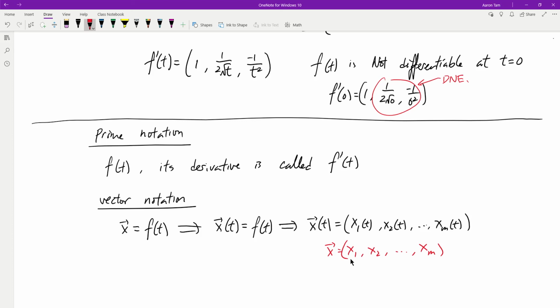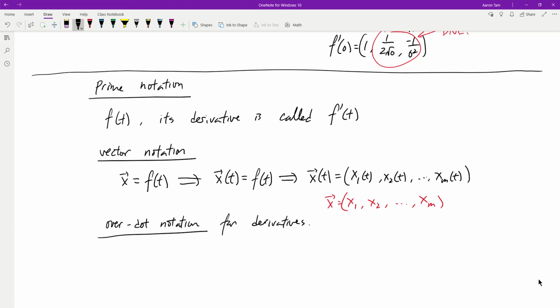Now, the reason why I will point this out is because in this notation called vector notation, the derivative uses something called the over dot notation for derivatives. This notation is usually used in physics, where when you have vector x of t, its derivative is called vector x over dot of t.